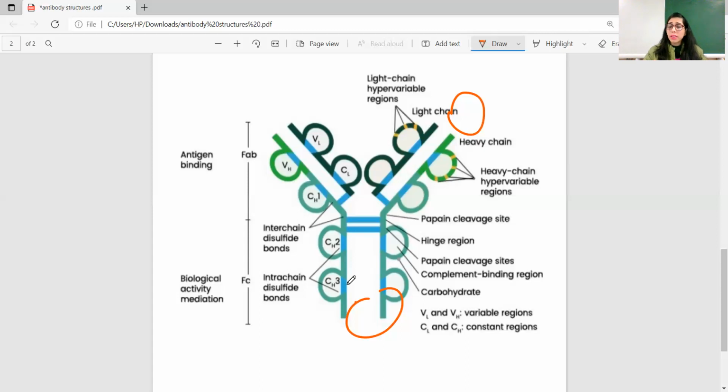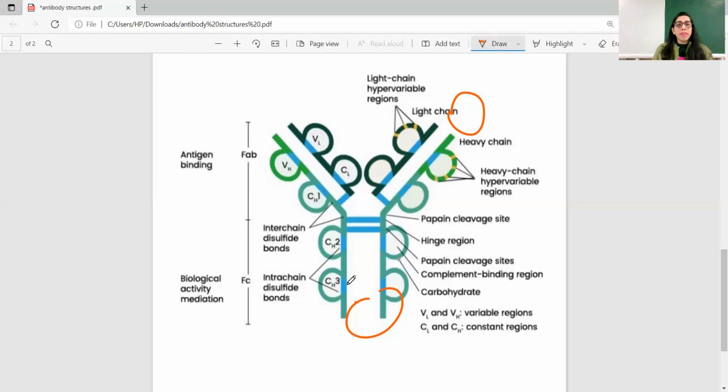The component of blood carrying them is plasma. The component of plasma carrying them is a protein, and the name of that protein is globulin. Proteins are made up of different types of peptide chains. In which chain are these antibodies? The gamma chain. That's why sometimes we also call them gamma antibodies. So now we know why we call it immunoglobulin: because it is present in the globulin protein of the plasma of the blood. And why do we call it gamma? Because it is present in the gamma chain of the globulin protein.